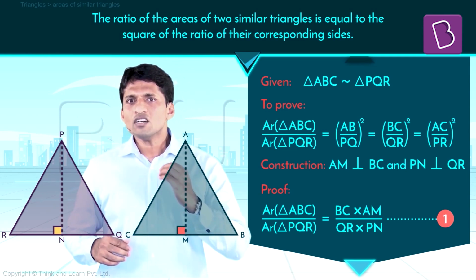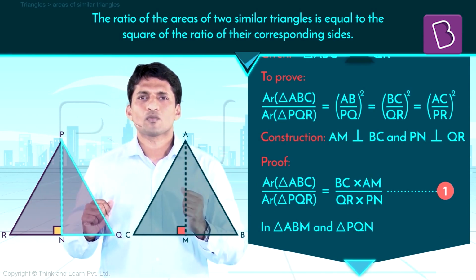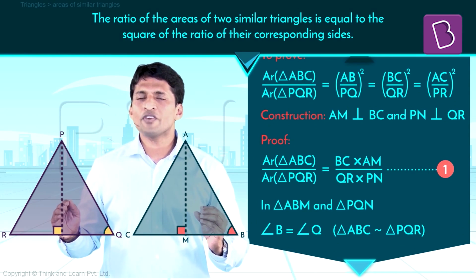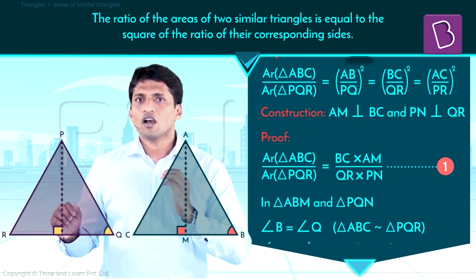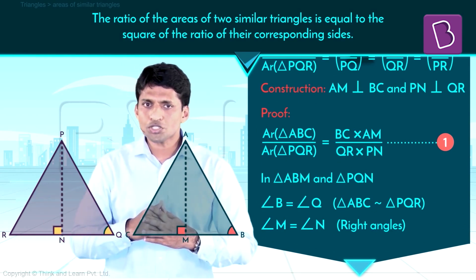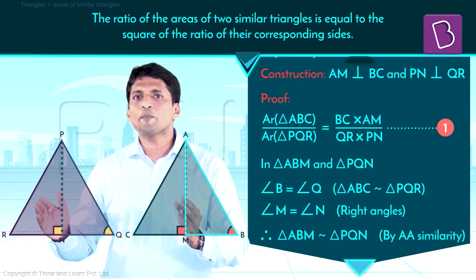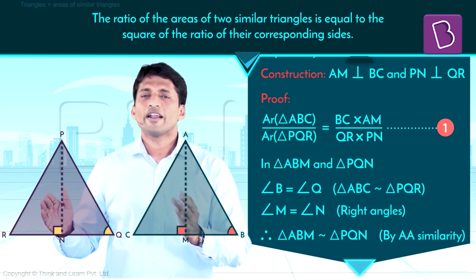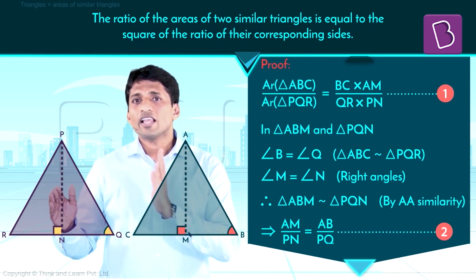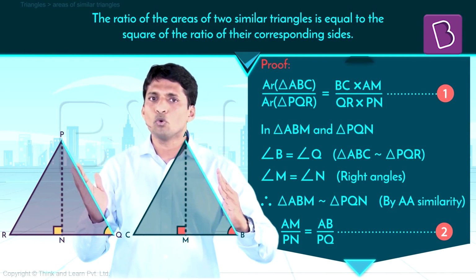Now consider triangle ABM and triangle PQN. We know that angle B is equal to angle Q because ABC and PQR are similar, and angle M is equal to angle N equal to 90 because they are altitudes, resulting in triangle ABM and triangle PQN being similar. Now since they are similar, we can directly write down AM by PN equal to AB by PQ.